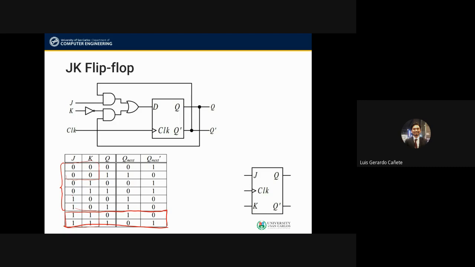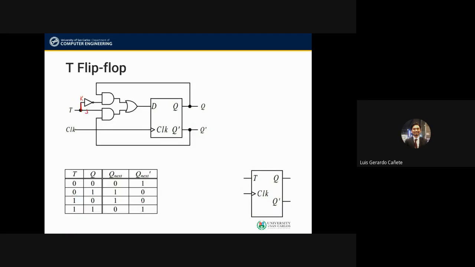So what does that give us? When T is equal to 0 and Q right now is equal to 0, when the clock comes, Q next just copies the value of Q. So once again, when T is equal to 0, Q is equal to 1, the transition comes, it just copies the value of Q. But now, when T is equal to 1 and the transition comes, the Q next is the inverted value.